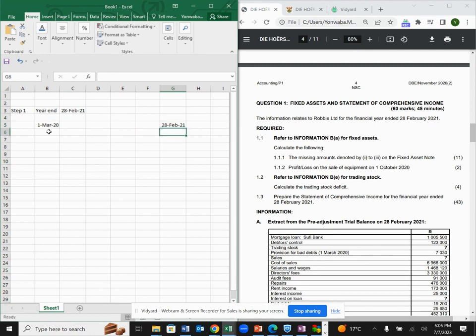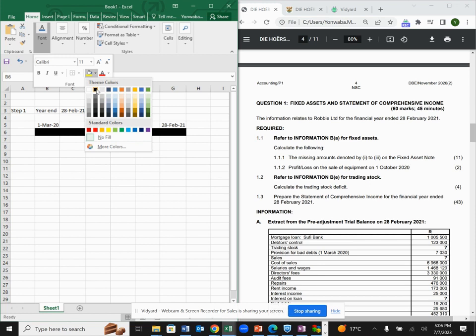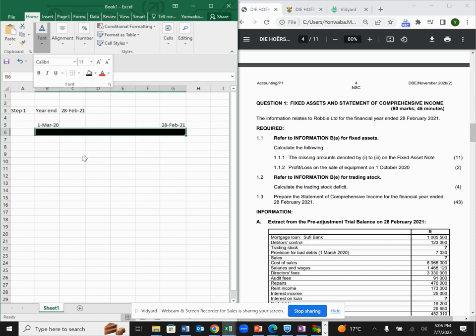It's very important for you to know these timelines because it's what is going to help you to understand the question as to when the events are happening. So this is the beginning, then this is the end. You're going to track the events in everything that you're doing. You must know the beginning and the end.